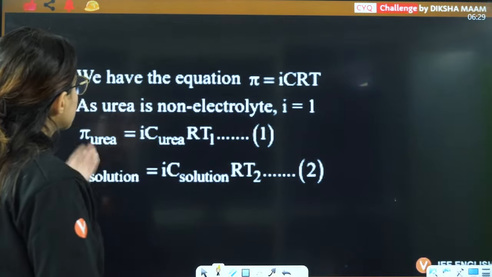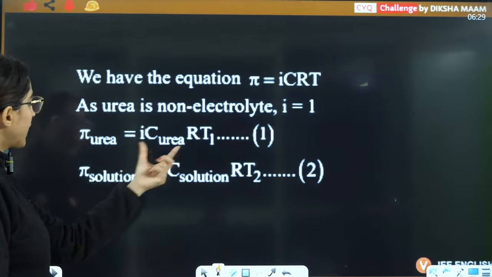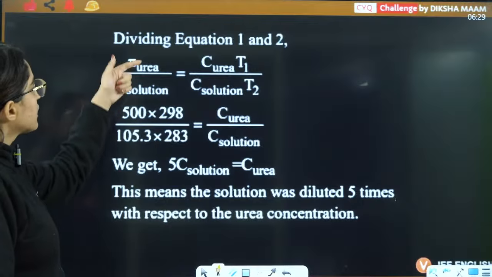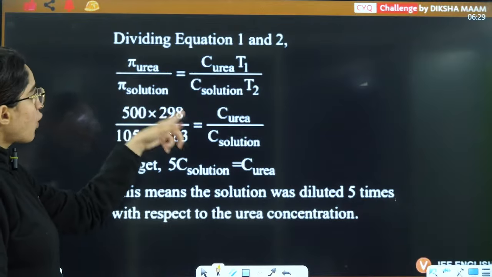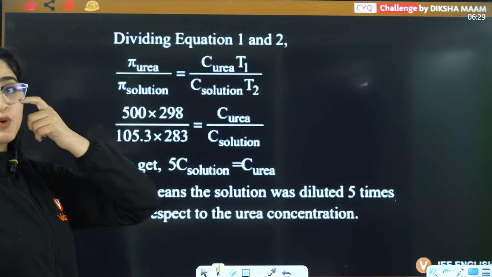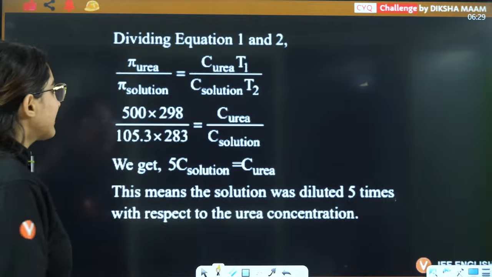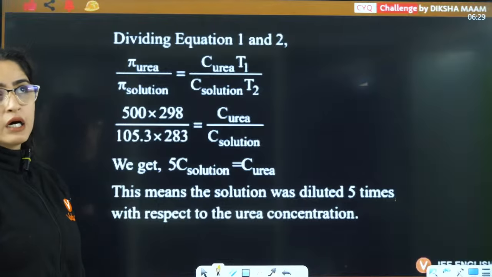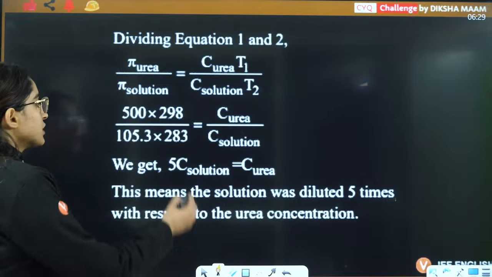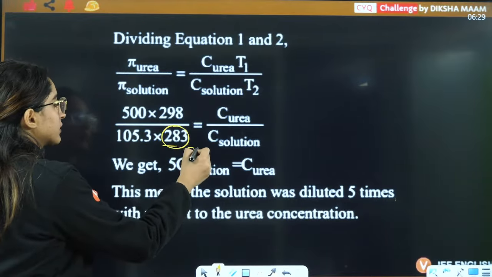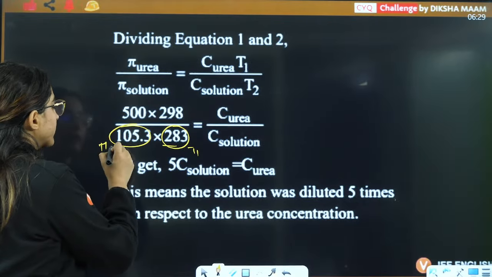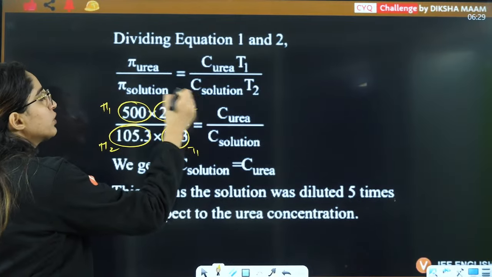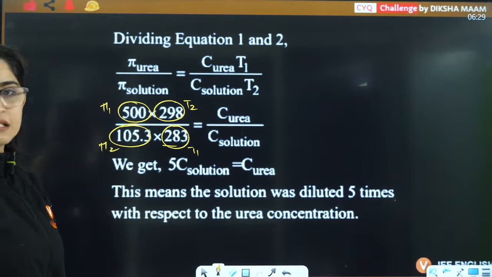So again, for the urea solution, we have taken this thing here, right? Take the ratio, solve the values, put the temperatures in Kelvin. 10 degrees Celsius will be nothing but 283, so that is your T1 here. This is your pi 2 and this is pi 1. This is T2, and T2 is 25 degrees Celsius, right?